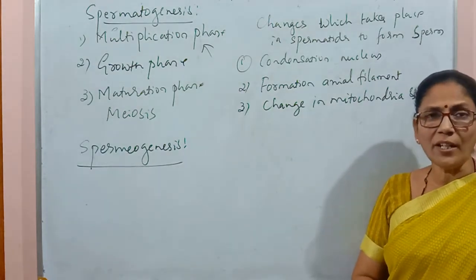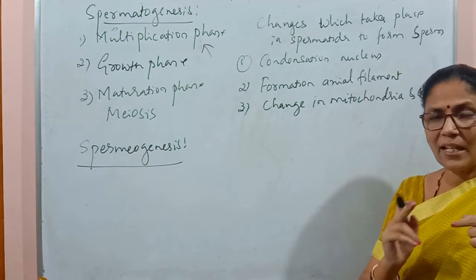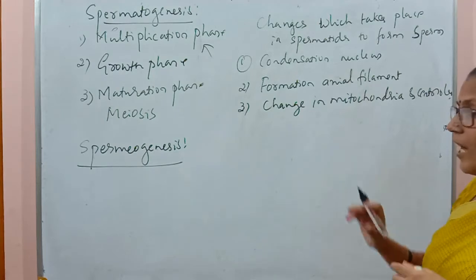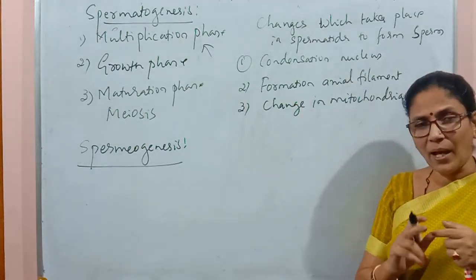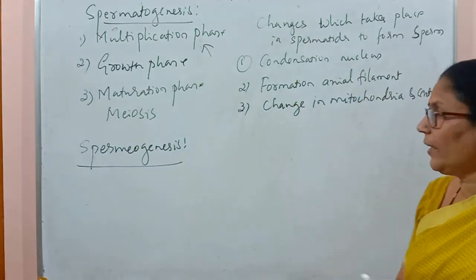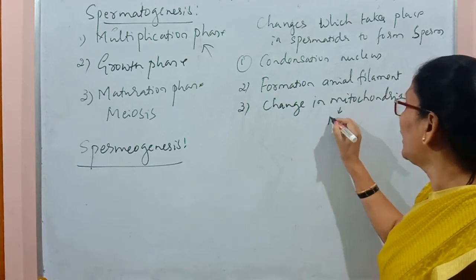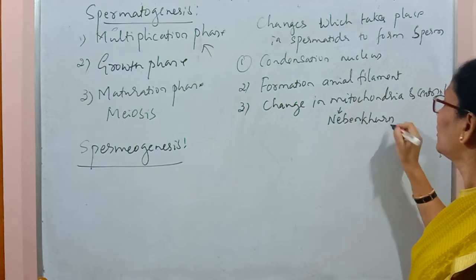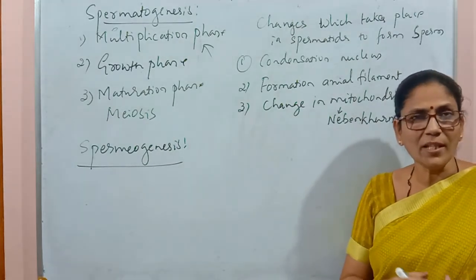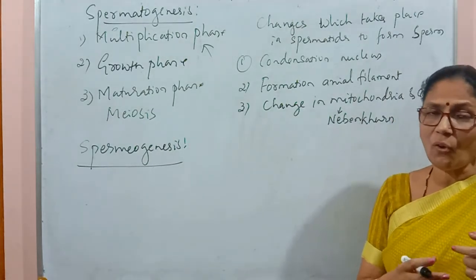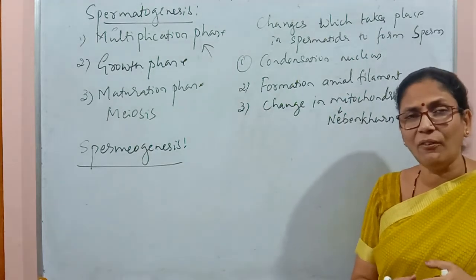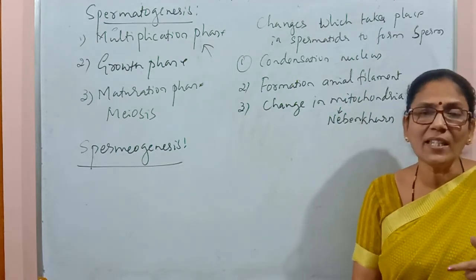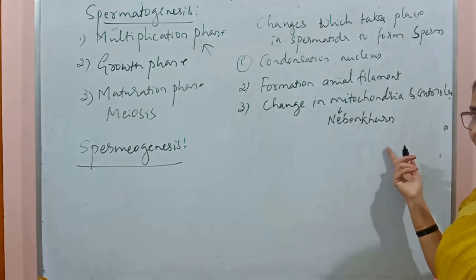The mitochondria are arranging spirally around the axial filament, and that structure we call the Nebenkern. So what is the Nebenkern? It is the arrangement of mitochondria spirally around the axial filament.